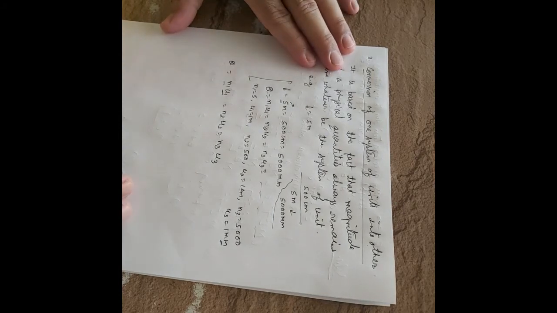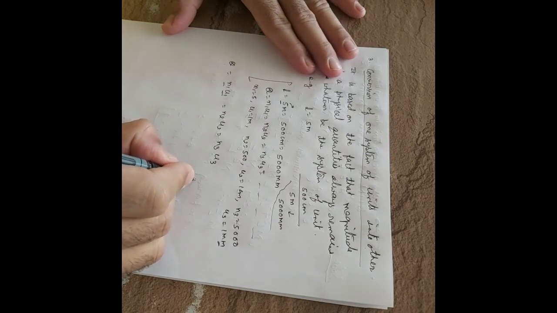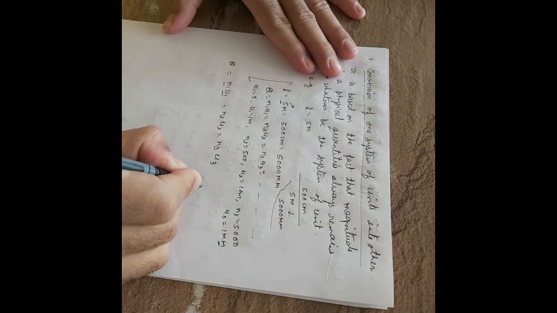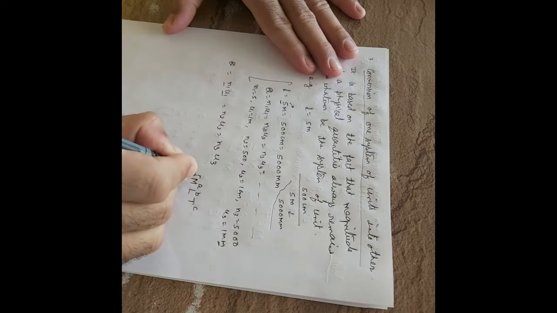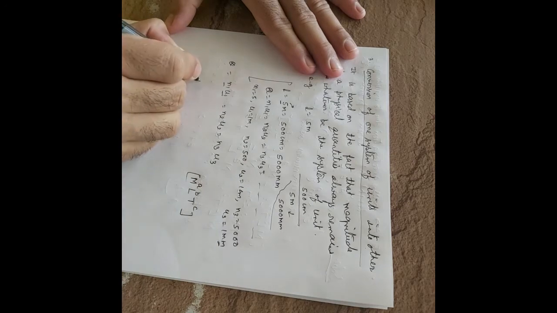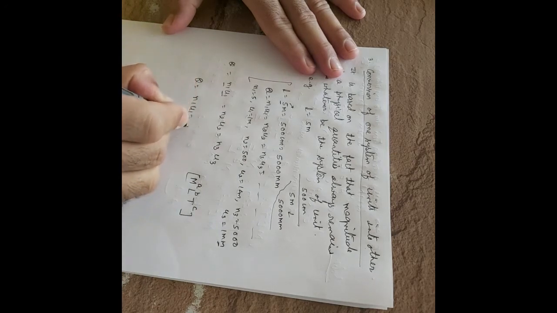Now let the dimensional formula of Q be M to the power a, L to the power b, and T to the power c. I'm taking Q equals n1 u1 equals n2 u2.